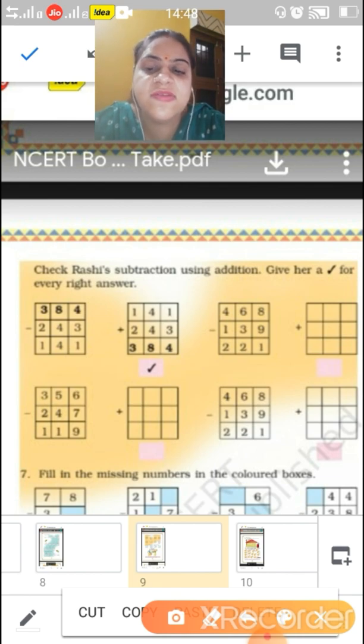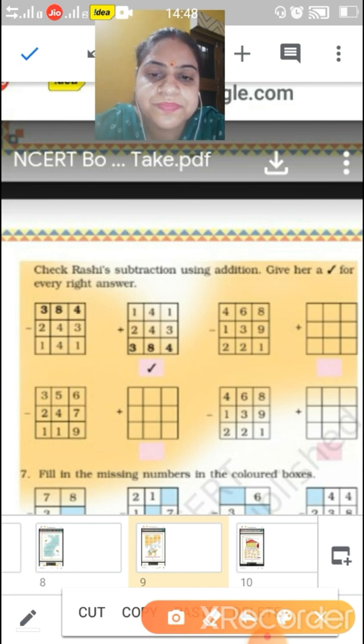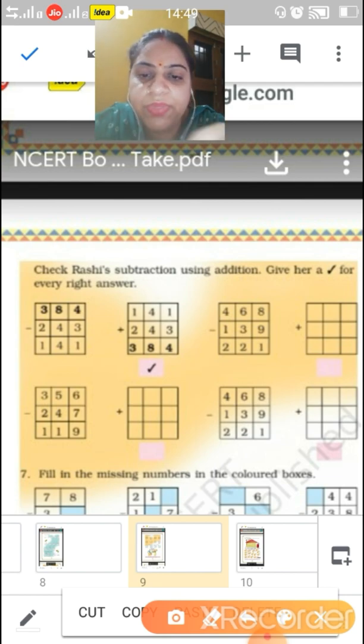That is 9. Here they are getting 9, okay.